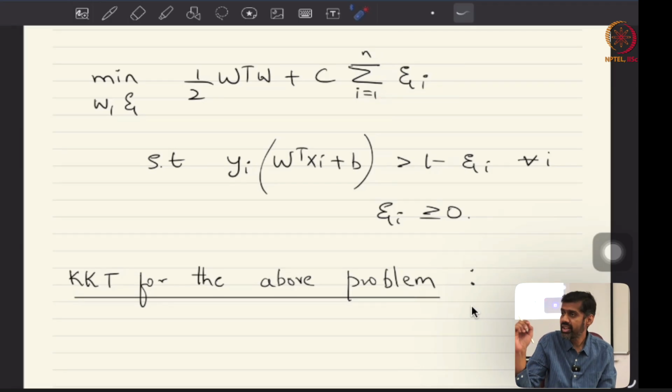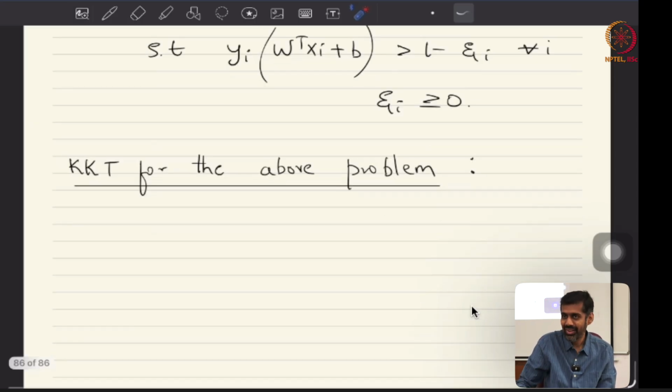So the only way the sum of the slack can be minimized is by making it 0 for the points which are correctly classified. So we have incentivized the optimization problem to choose zeros for slacks as much as possible, and that can only be done if it is correctly classified. Yeah.